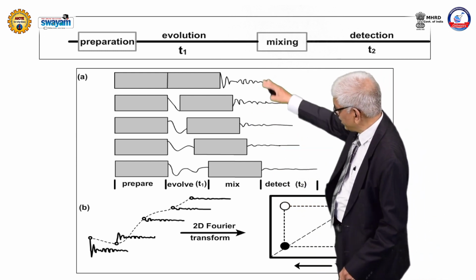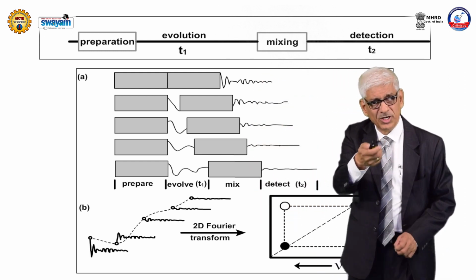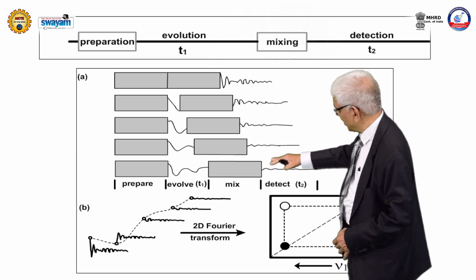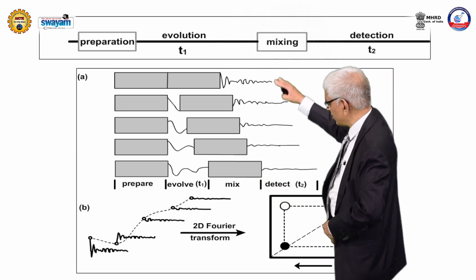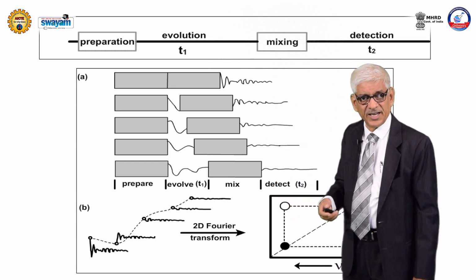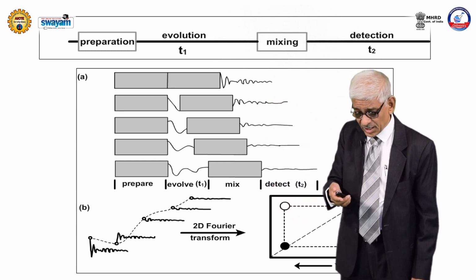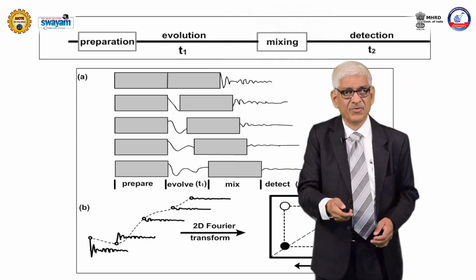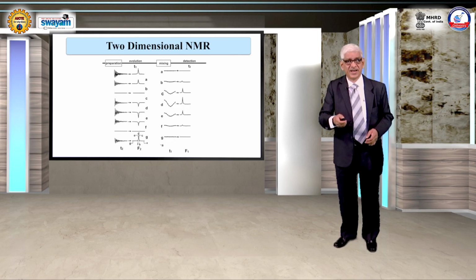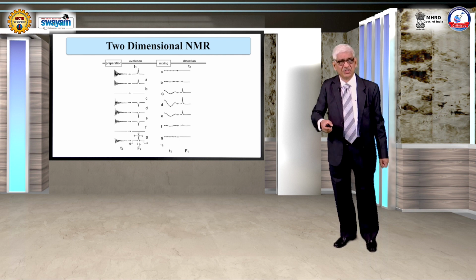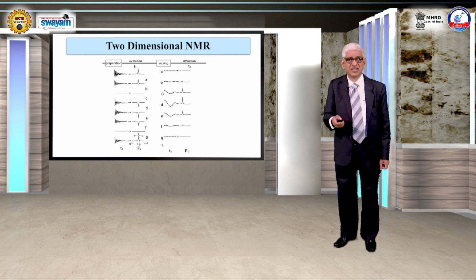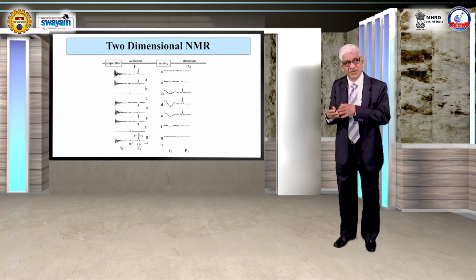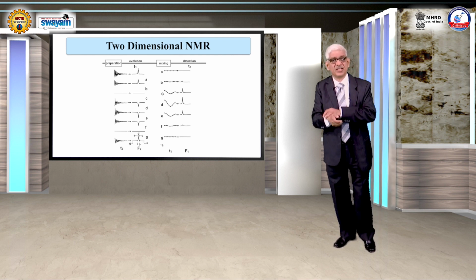Therefore, what I have done here is create a new time variable which manifests itself as a particular modulation of the detected signal in the end. So I generate a 2-dimensional data matrix, which in principle will give you a 2-dimensional spectrum.